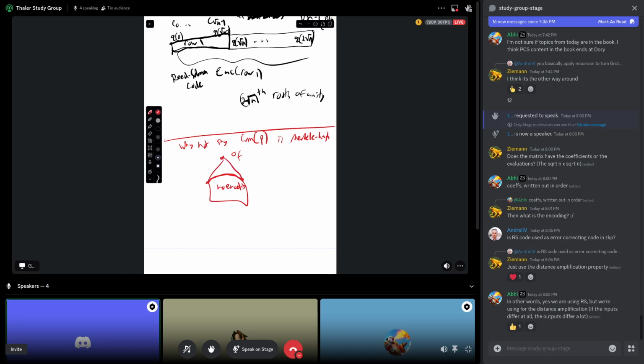Okay. And the answer is that checking evaluation proofs is not going to work out if you don't have the encoding. Basically, because to have a sublinear verifier, the verifier is only going to be able to ask the prover to open up a tiny fraction of this matrix. And so you could imagine, what if the prover changed just one coefficient of the committed polynomial?